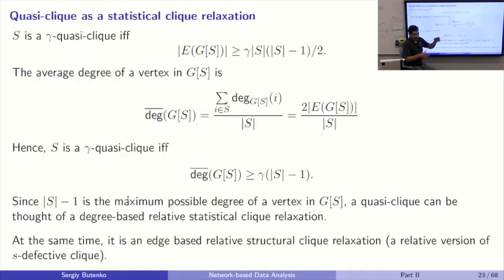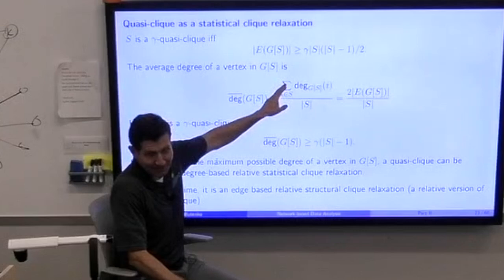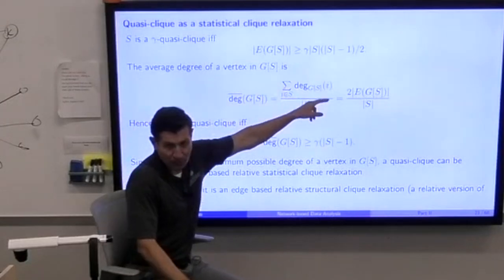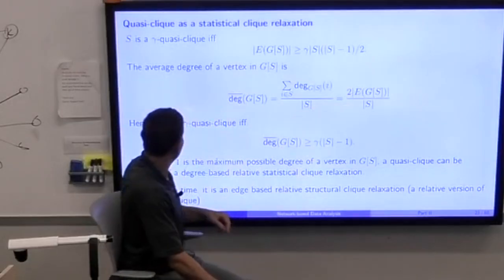But when you sum up all the degrees, what does it sum up to? Every edge contributes 2 to this sum. The sum of all the degrees is going to be 2 times the number of edges, right? So we obtain 2 times the number of edges divided by S.